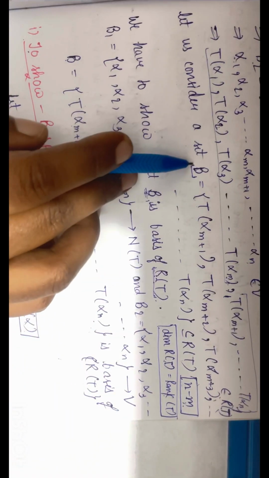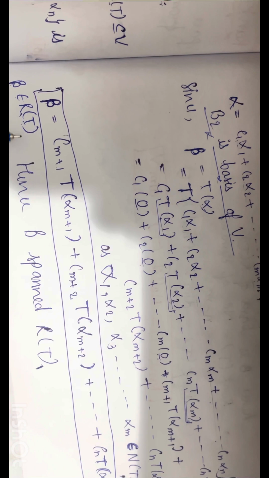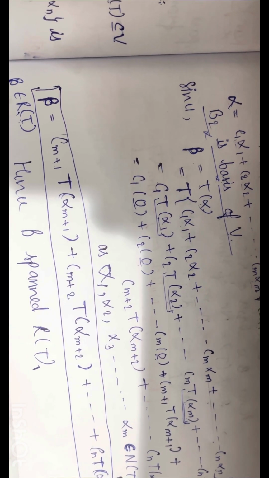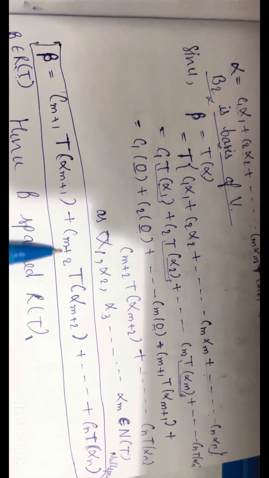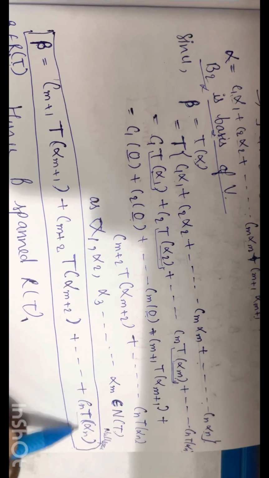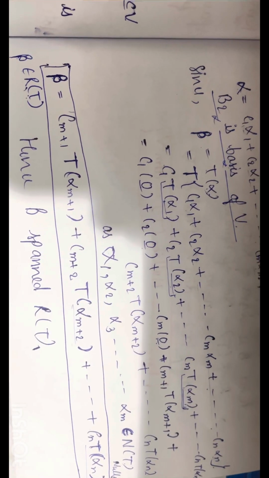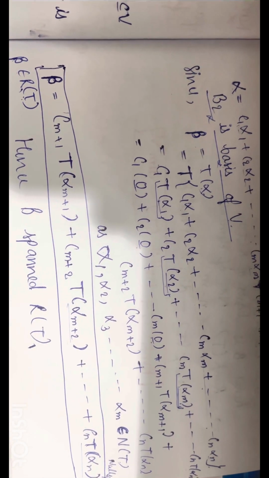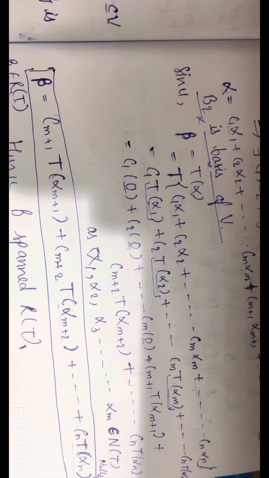It means this set B is spanning RT, because any general element of RT can be written as a linear combination of the elements of the considered set B. Okay, so the first part of theorem is proved. Now we have to prove the second part, that B is Li subset of RT.